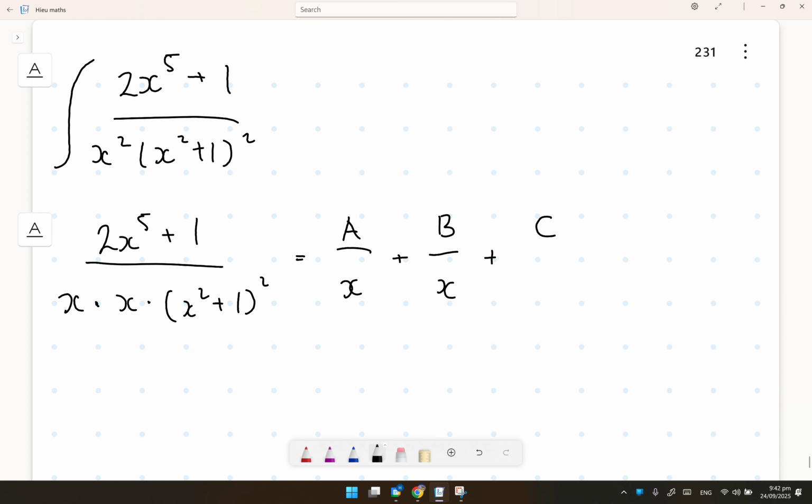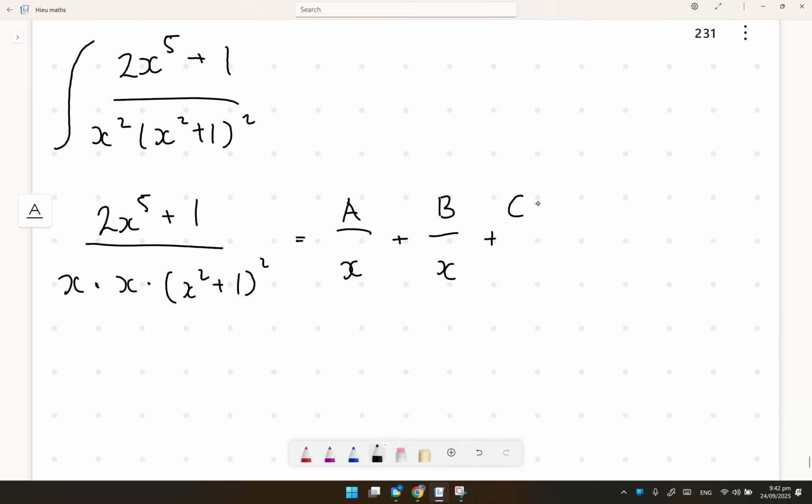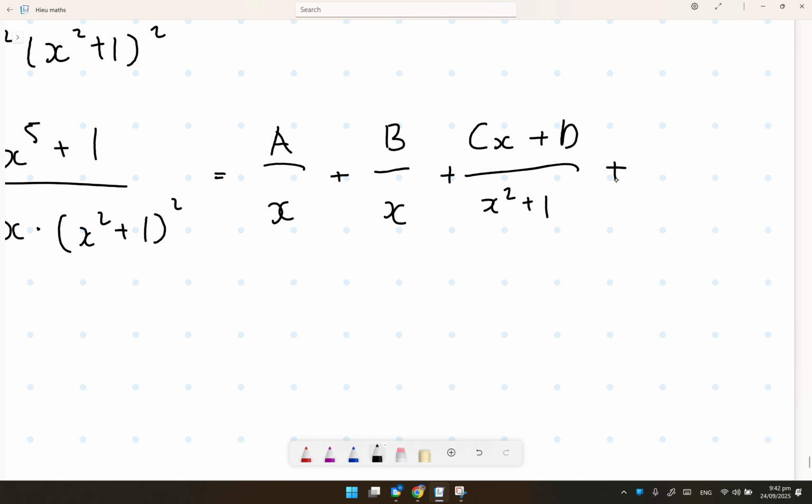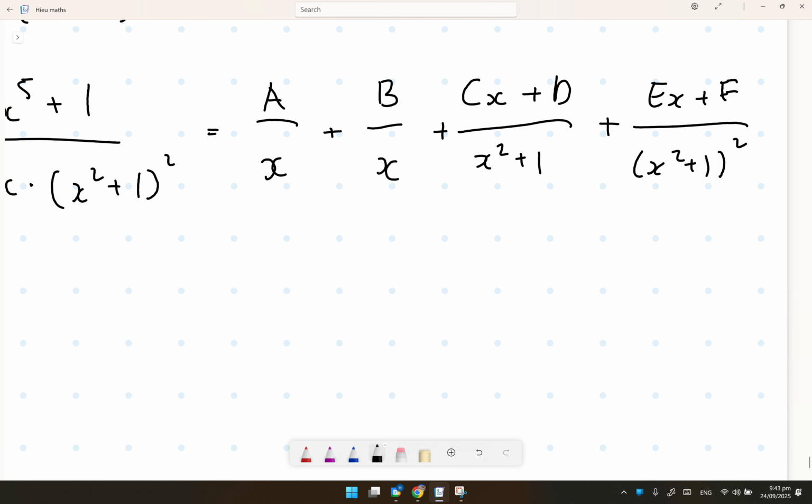I'm going to backtrack on this, but I'll just show you what it is, and then we'll talk about it later. So then we have cx plus d over x squared plus 1, and then we're going to have ex plus f over x squared plus 1, all squared.